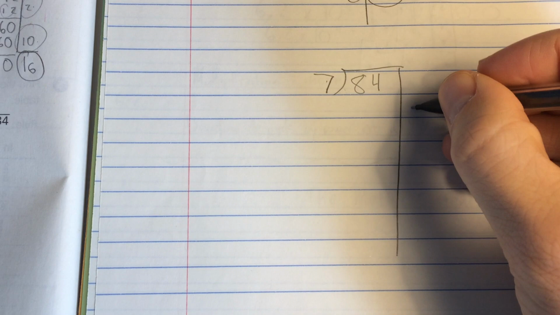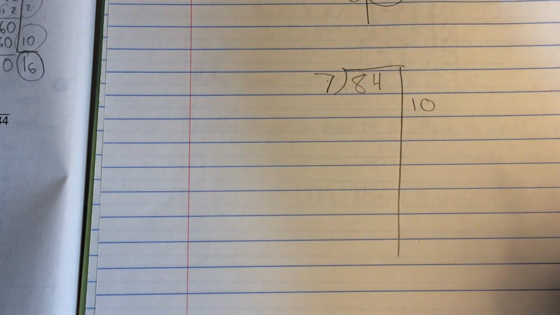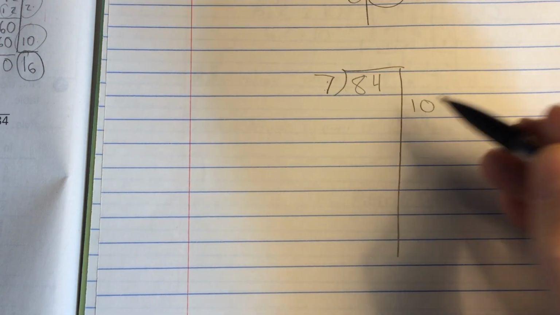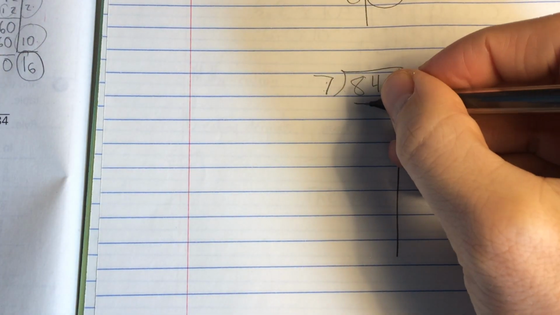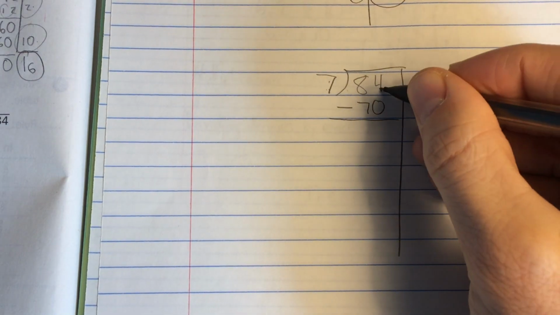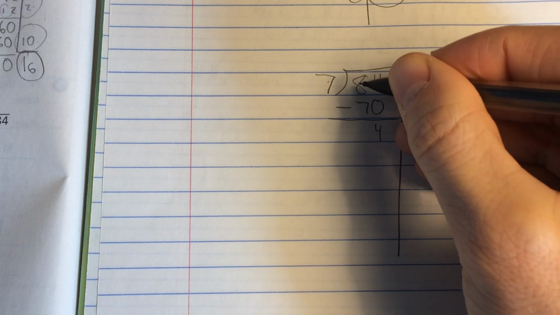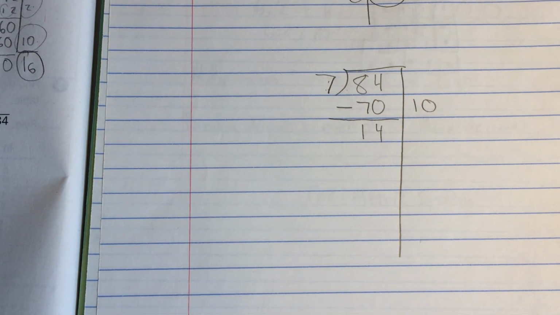That means it works. Let's do 7 times 10. And we know, automatic, 7 times 10 is 10, 20, 30, 40, 50, 60, 70. You have to take that 70 away. What's that leave us? 4 minus 0 is 4. 8 minus 7 is 1. That leaves us with 14.